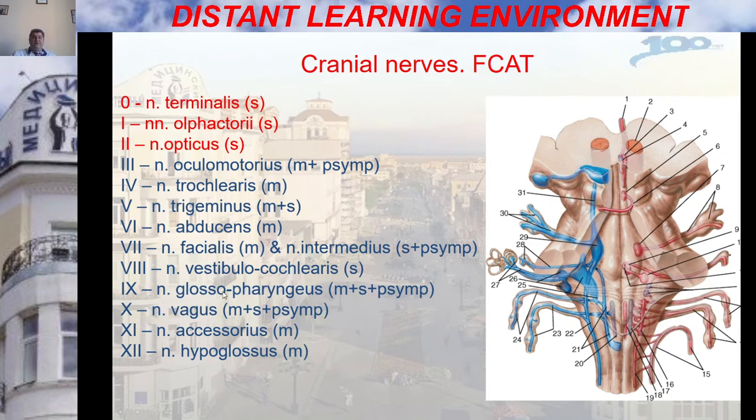And all these fibers are contained in nervus vagus, number 10. The 11th pair is nervus accessorius. It contains only motor fibers, and you may see the 12th pair, nervus hypoglossus. It contains only motor fibers.